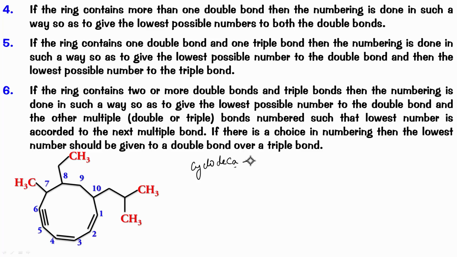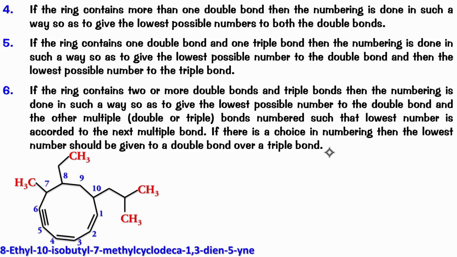Now I have to mention the position of the double bond: 1,3-diene, and I'm not going to use the E of the ene because the next is going to be 'yn', 5-yne, because it sounds like a vowel, and this we've already discussed before. So the name is this. Big name.